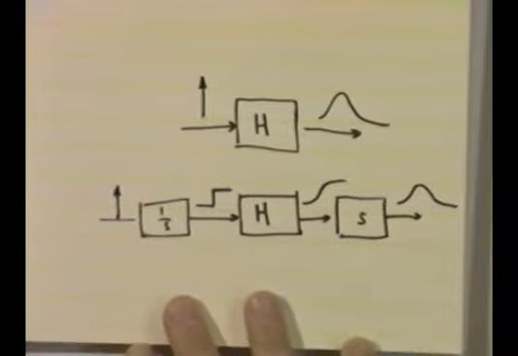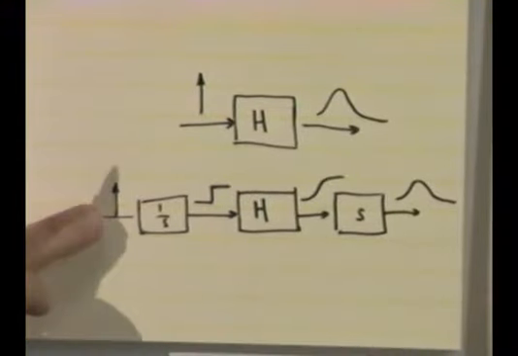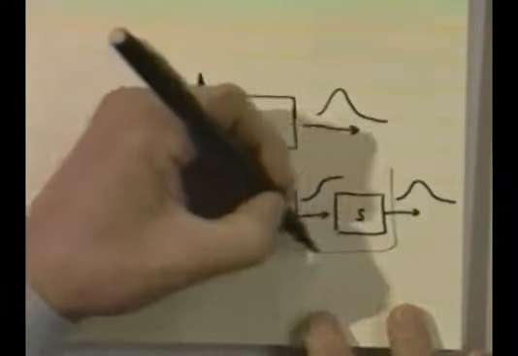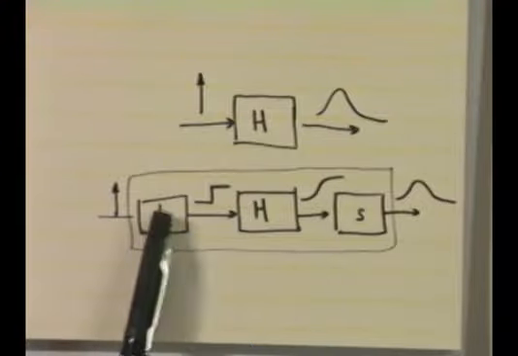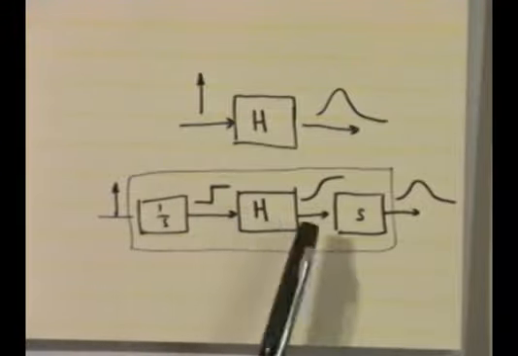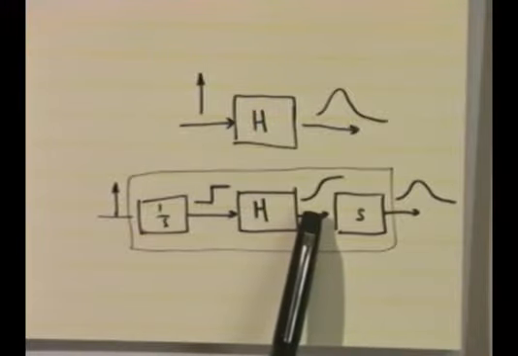You differentiate. Now, what is the transfer function of this thing? What's the transfer function of that? It's h. Yeah, that's it exactly. So in other words, you got away with it. You integrated the signal first, then you applied it to your device under test, then you differentiated it.